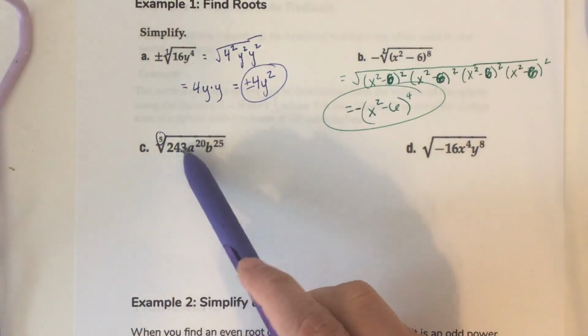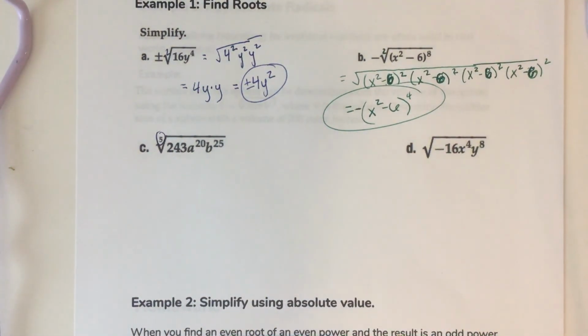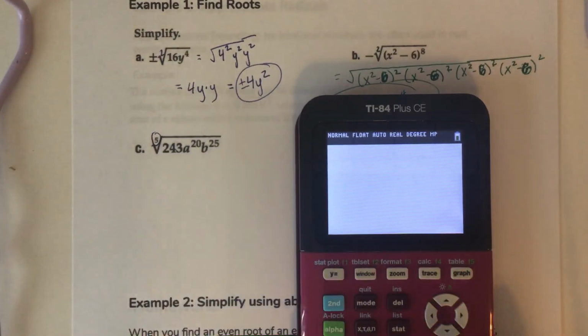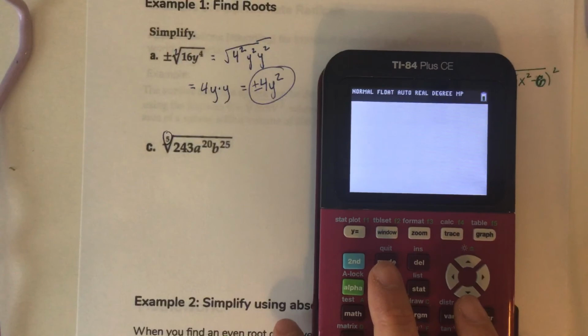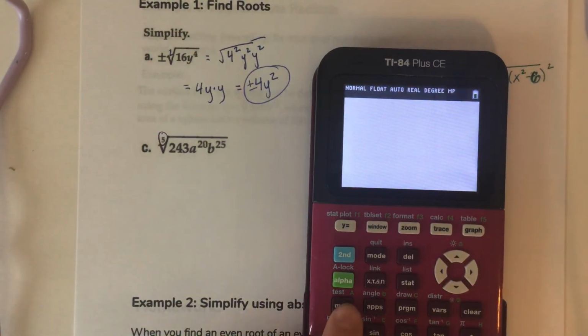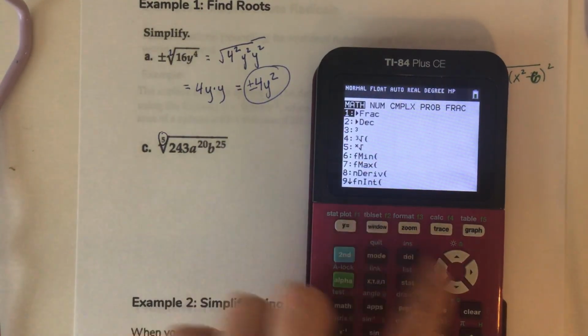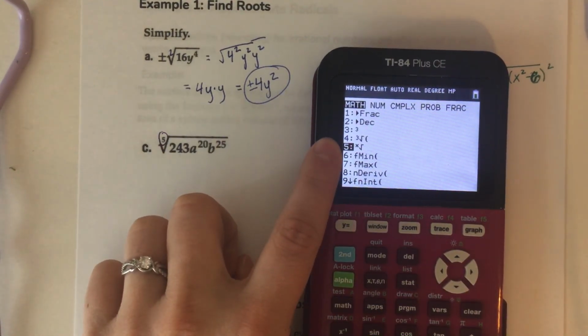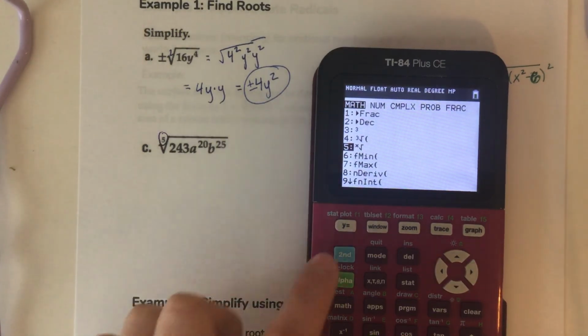And I don't know about you guys, but I don't know my 5th roots off the top of my head. So to see what the 5th root of 243 is, there's a few different things I could do. On your calculator, if you go to that math button and then scroll down to number 5, the little x in front of our radical sign lets us take whatever root we want.